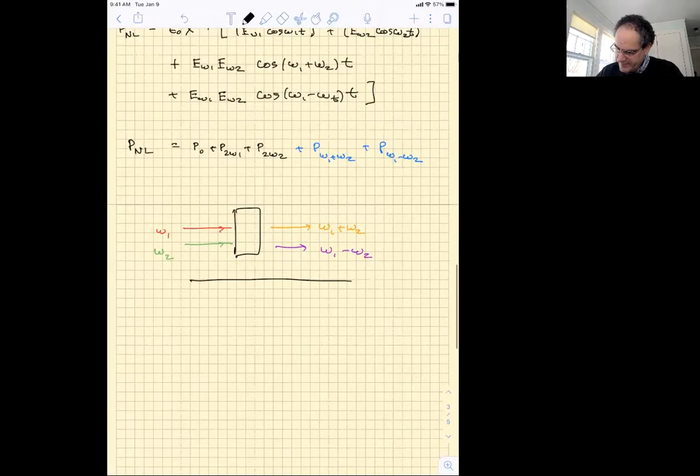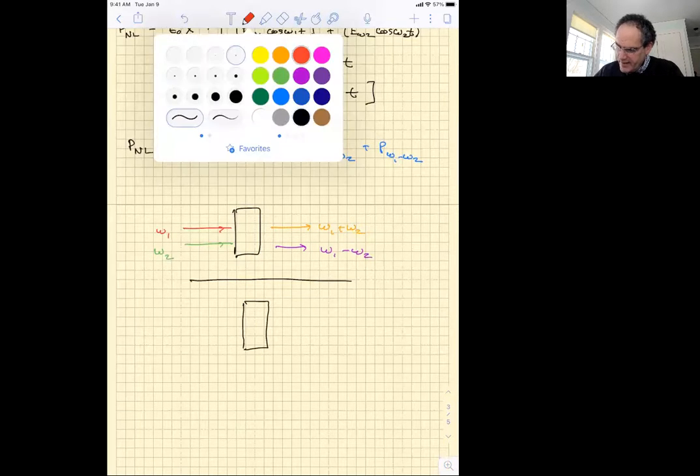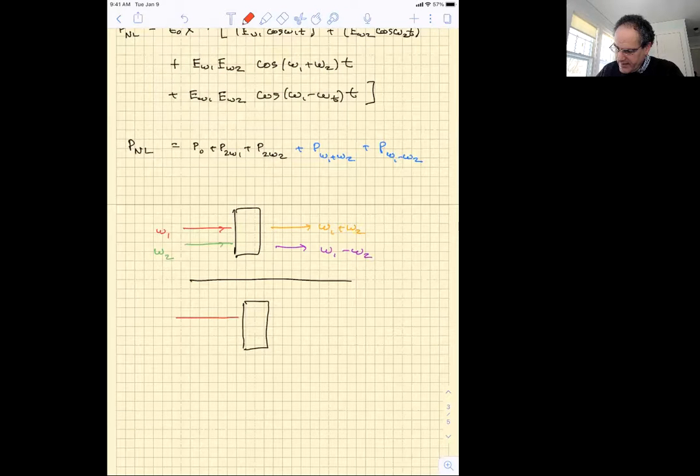By the way, this process can also be reversed. The process can be used in this way: we could have a very strong beam at frequency omega, and a very weak beam at some other frequency, which we'll call omega s, or signal frequency.